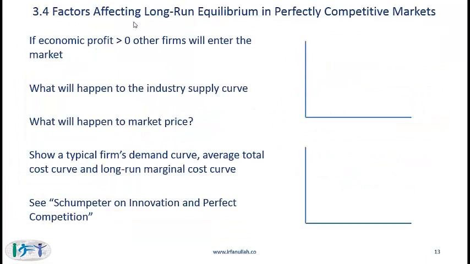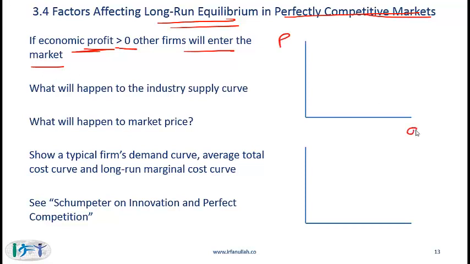What are the factors which impact long-run equilibrium in perfectly competitive markets? The scenario that we just saw gave us an economic profit which is greater than 0. When this happens, then other firms will enter the market. And in terms of a supply demand analysis, here is what's going on.